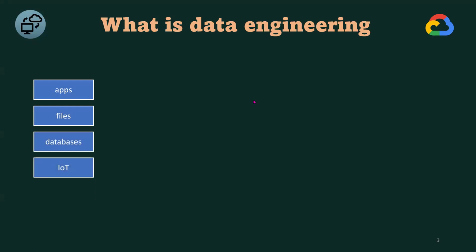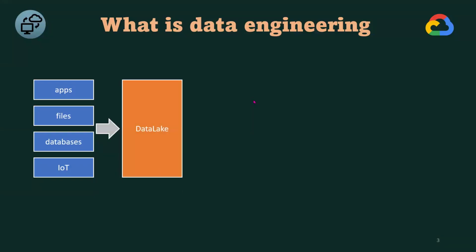So for every business, they are getting the data from multiple data sources such as applications, files, databases or IoT devices. The very first activity for me to do is to extract the data from these multiple data sources and store it in a single location called a data lake.